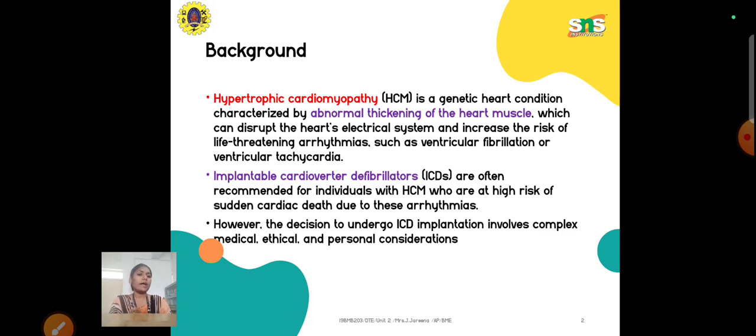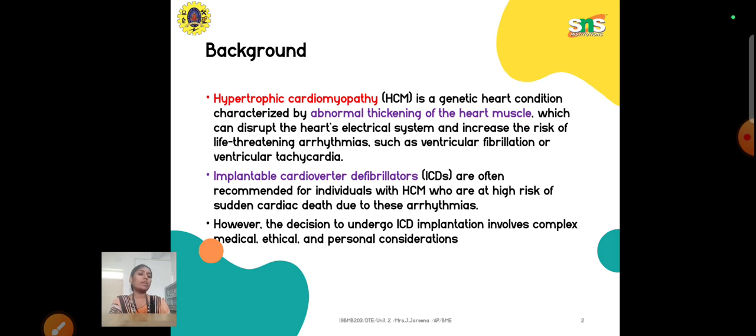The one recommendation for this type of abnormality, the HCM, is implantable Cardioverter Defibrillators. However, it is very difficult for healthcare providers to convince the patient to go with implantable Cardioverter Defibrillators. The reason is that it is an implant that is going to be placed inside your body, and throughout life, the patient is going to carry this defibrillator.